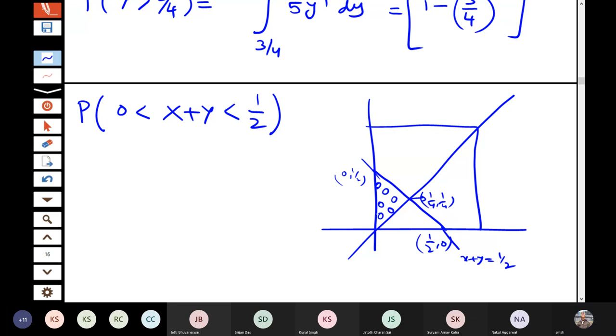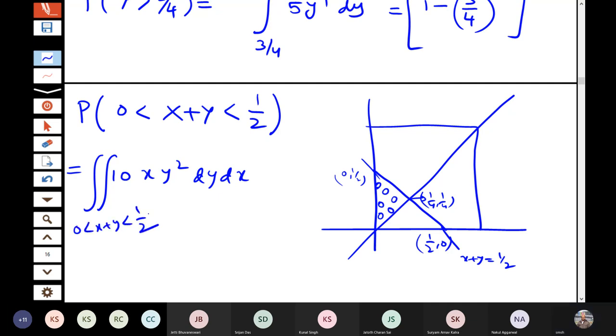Okay, only this region will come. So this is the integral of the density 10xy square, and you can again do either dx dy or dy dx. So let us put say dy dx, with 0 less than x plus y less than half. This is the region.